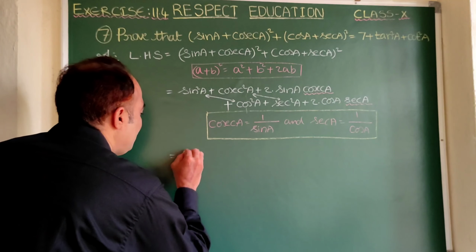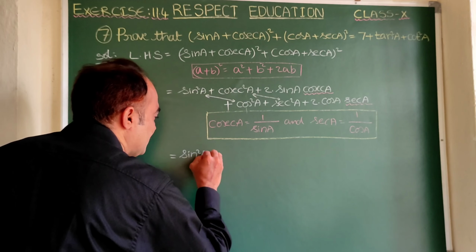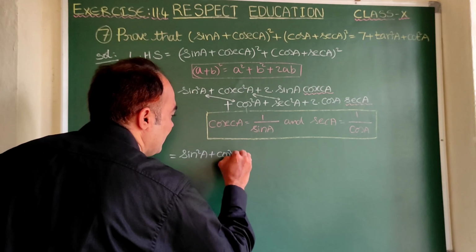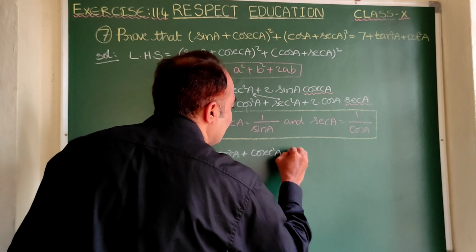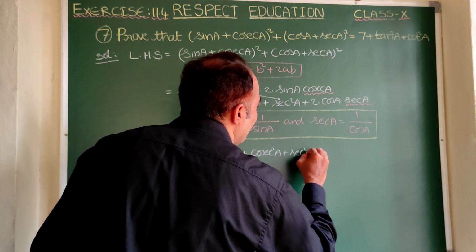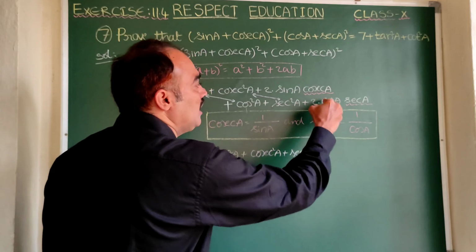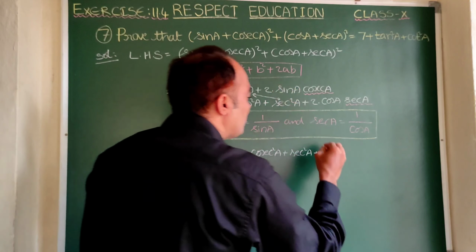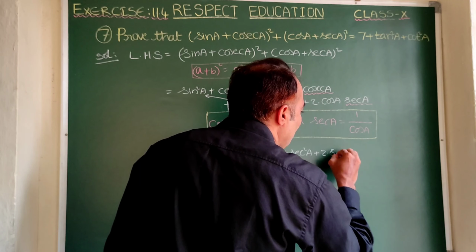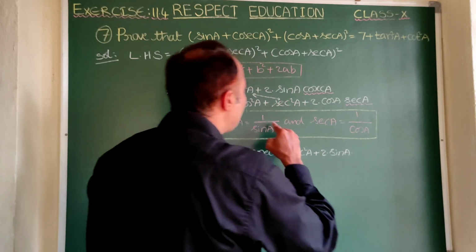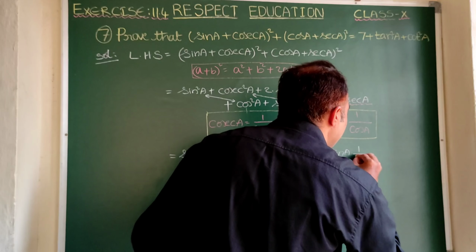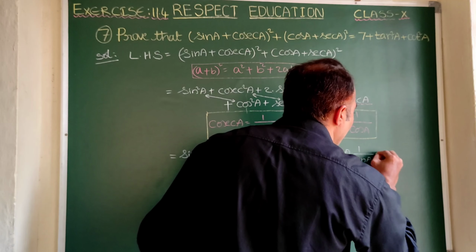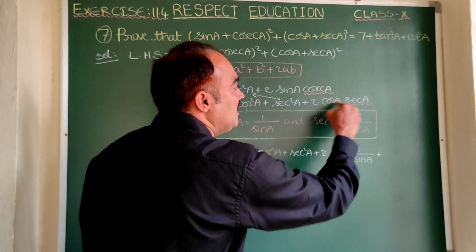Now tell me first, sin square A plus cos square A. In the same way, cosecant square A plus secant square A. Plus, now we are going to write this 2AB and this 2AB. First I am writing the first one, 2 into A means sin A. In place of cosecant A, what can we write? 1 by sin A. Plus, here this 2AB is to be written.